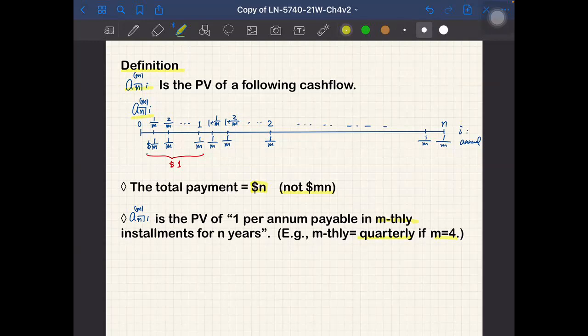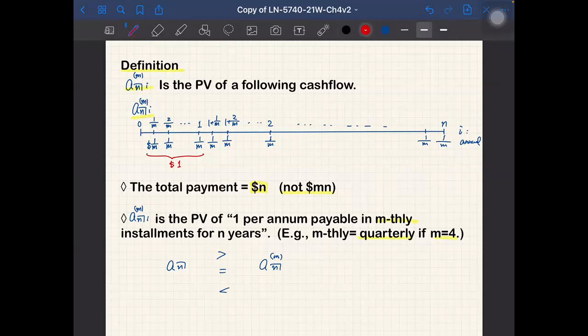And now we want to develop the formula to calculate this a angle n superscript m. Basically, this is a similar amount to a angle n. Can you imagine which is larger, a angle n or a angle n superscript m? Approximately the same, right?